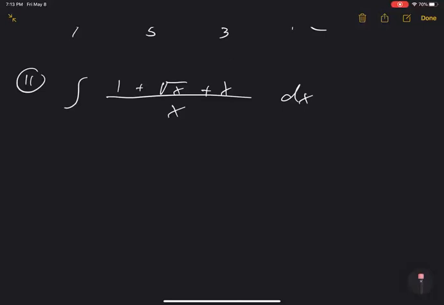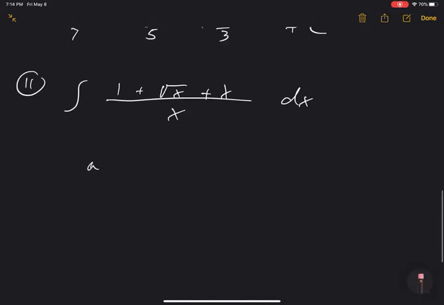This is not connected to this problem, just in general. Let's say I have a plus b over c. This is going to be equal to a over c plus b over c, right? That's good.